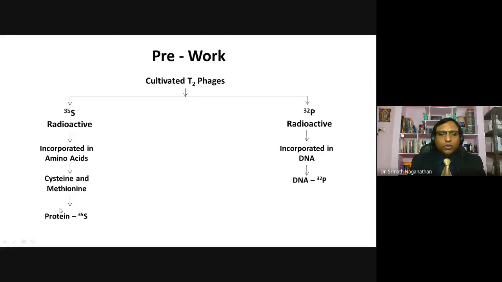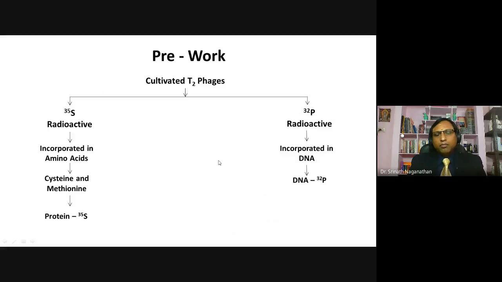Once the translation process is done, if you observe the T2 phage protein capsid, you can find that it has the S35 protein. In a similar manner, phosphate is a part of the DNA backbone. So when the P32 radioactive isotope is in the medium, it gets incorporated into the DNA, and the DNA of the bacteriophages will have P32.